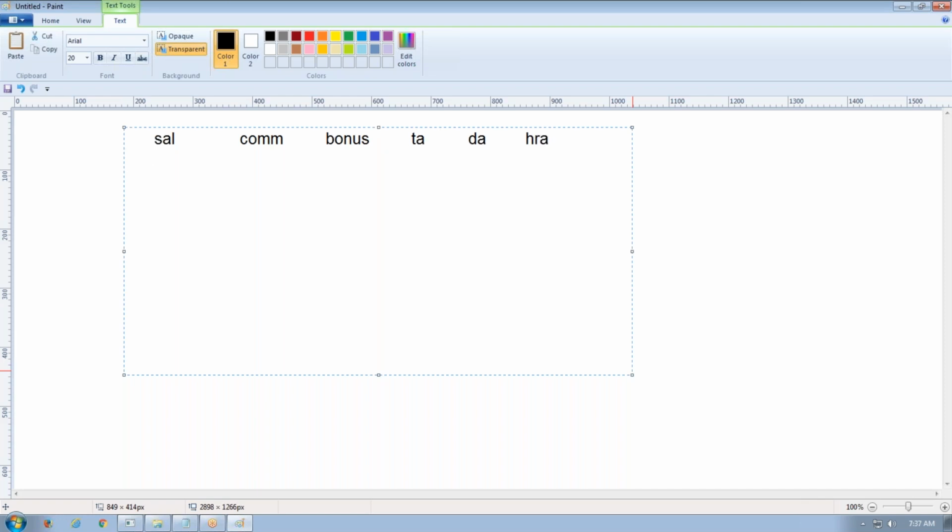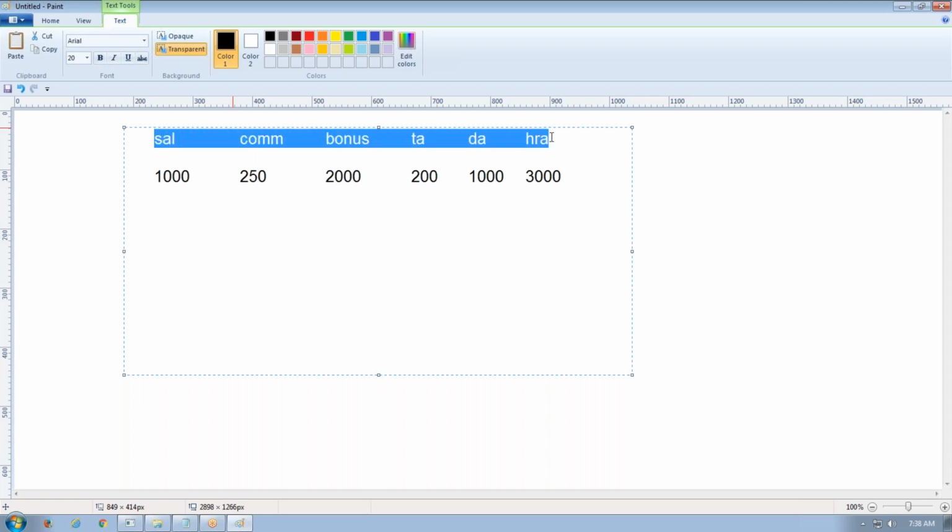Let us assume salary 1000, commission 250, bonus 2000, DA 200, TA 1000, HRA 3000.